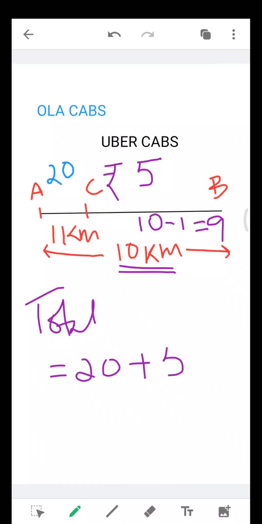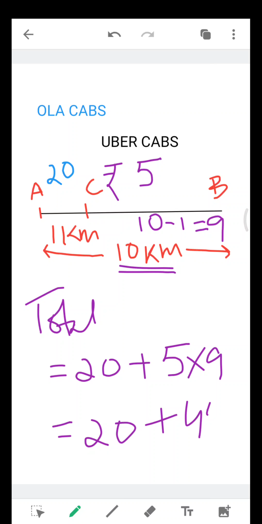So 9 kilometers he has traveled, 9 times 5 is 45. So 20 plus 45, his fare will be 65 rupees. This is the way the fare is charged.